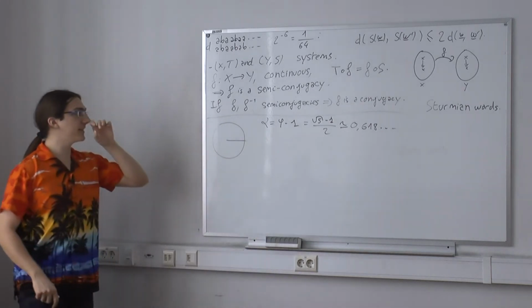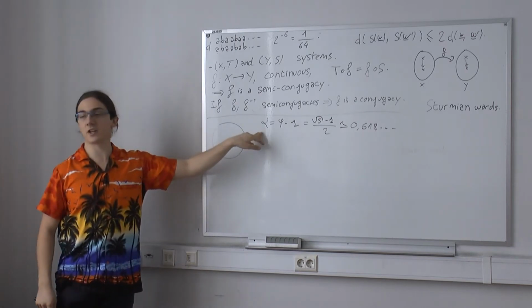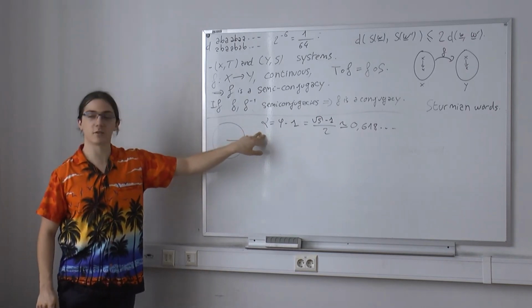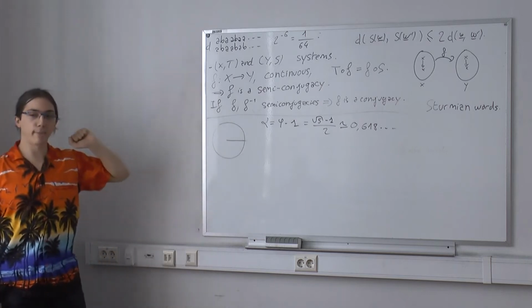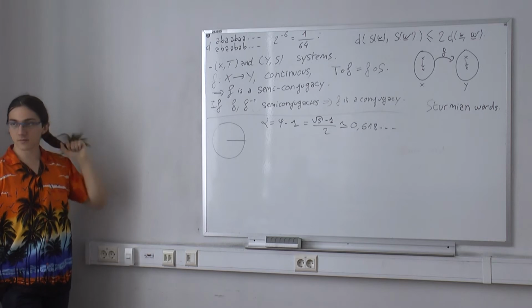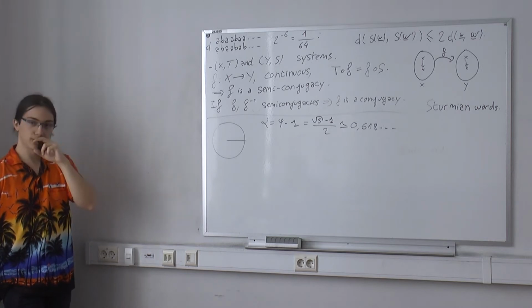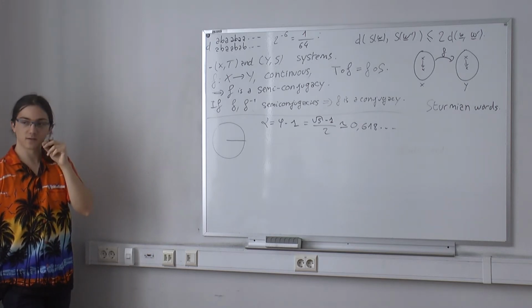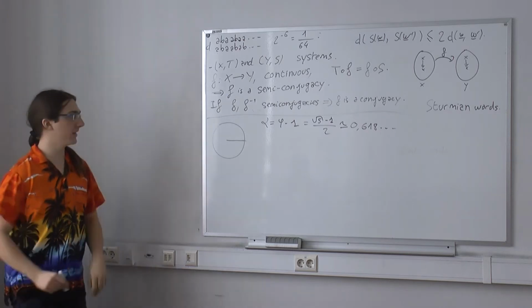By the way, I insisted a bit on the angle being irrational. I told you I take alpha irrational a couple of times. Can you tell me why? What happens if I take alpha not irrational? It's periodic. Yes, it's going to be periodic.